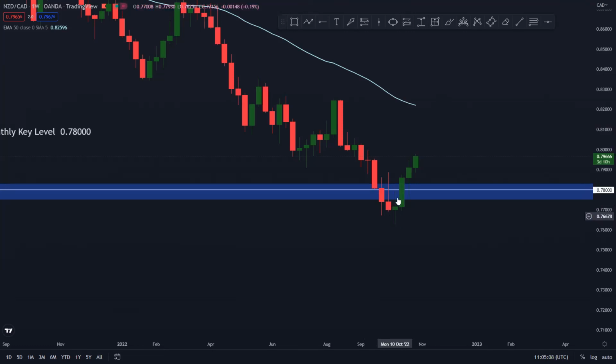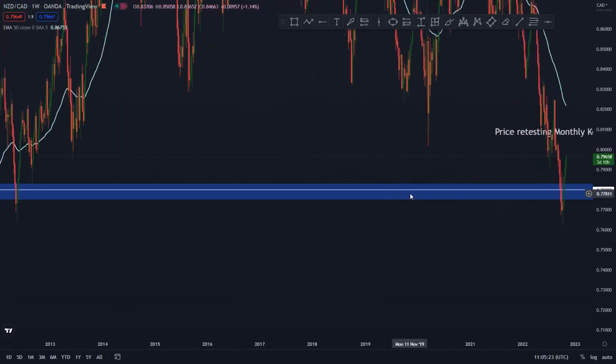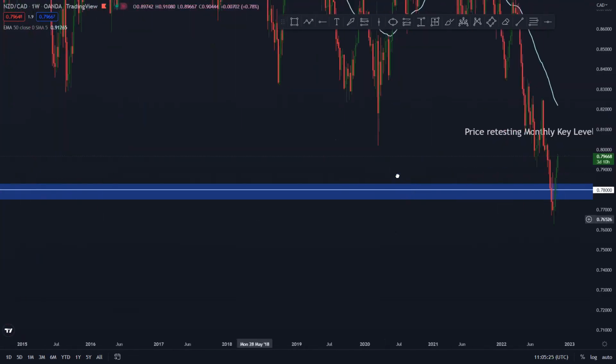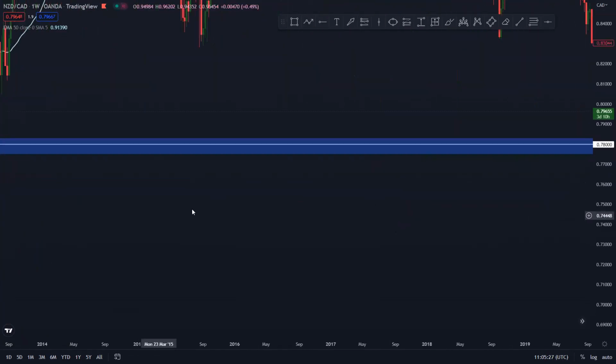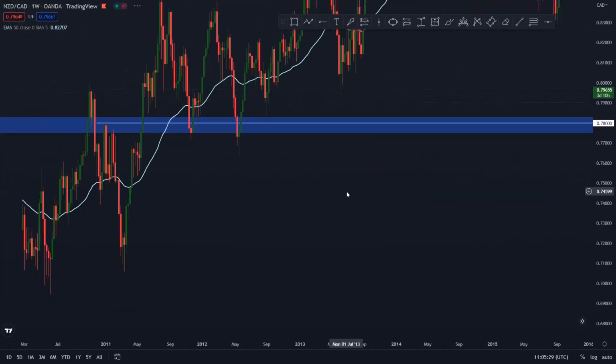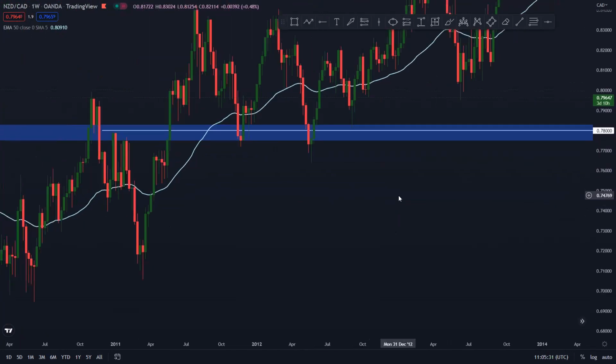Immediately we had a pin bar, doji, and then a weekly bullish engulfing candlestick, closing right back above the level. Guys, you can clearly see I'm not making this up. It's very obvious. The charts are pointing.